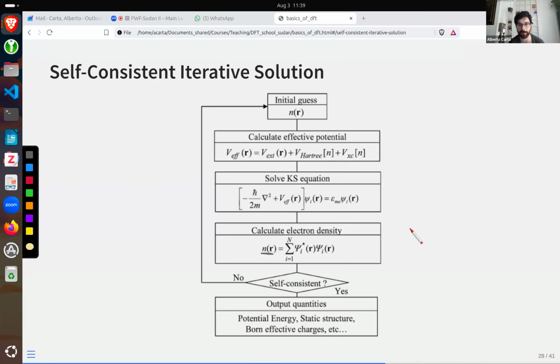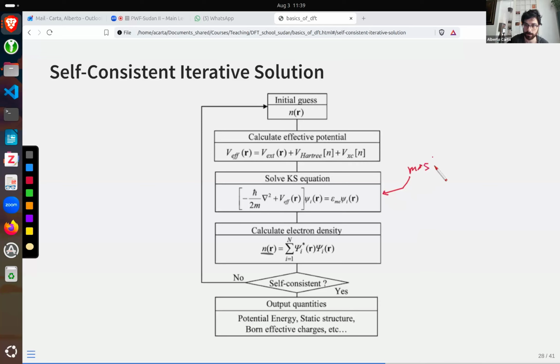Is it computing the potential, or is it solving the Kohn-Sham equation? So solving the Schrödinger equation for the non-interacting electrons. I think solve Kohn-Sham equation. Exactly. So this is by far the most expensive one.